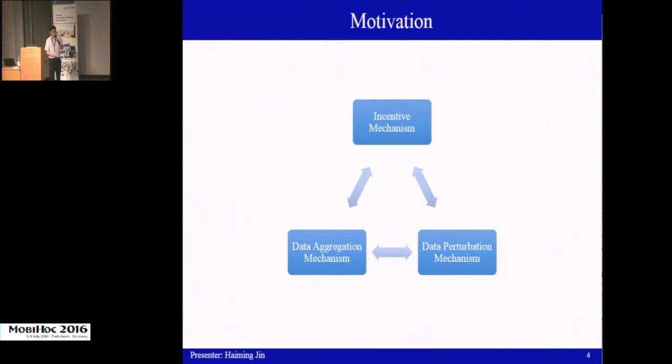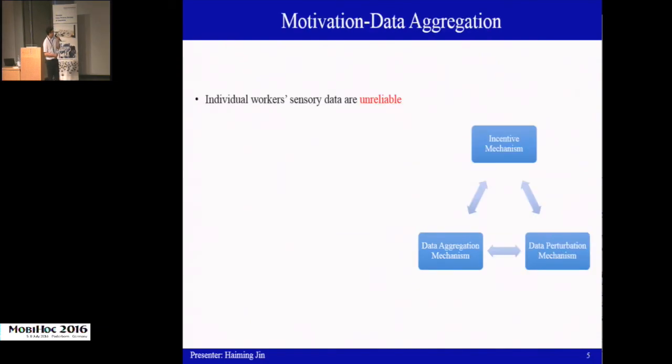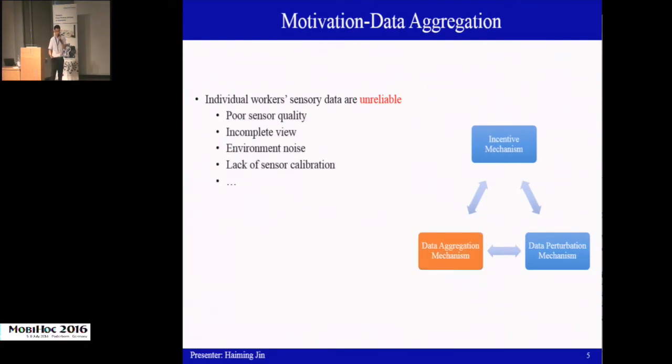The reason that we need a data aggregation mechanism in a mobile crowd sensing system is because individual workers' data are quite unreliable because of poor sensor quality, incomplete view, environment noise, lack of sensor calibration, and so forth. A data aggregation mechanism that can properly aggregate workers' data so as to cancel out the errors from individual workers is going to be highly necessary.